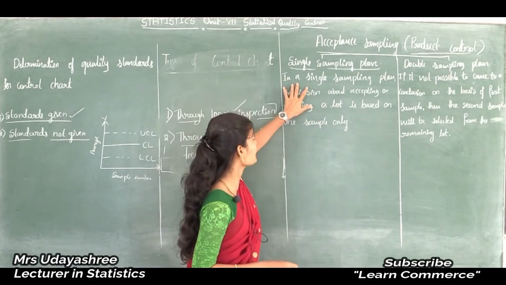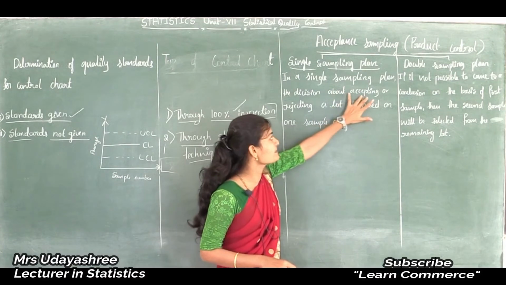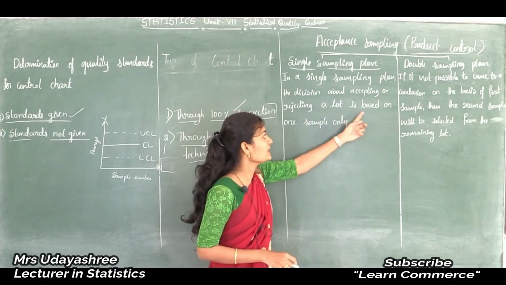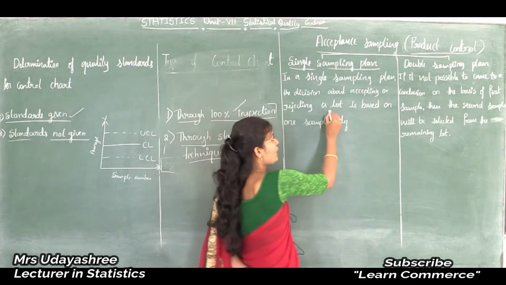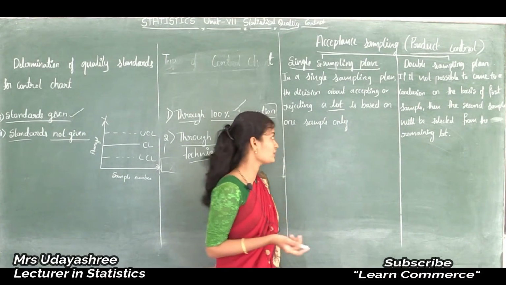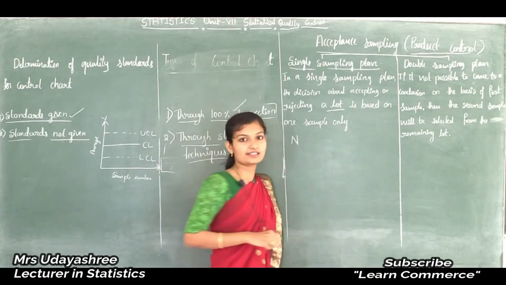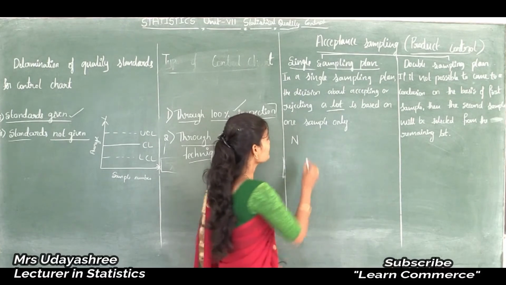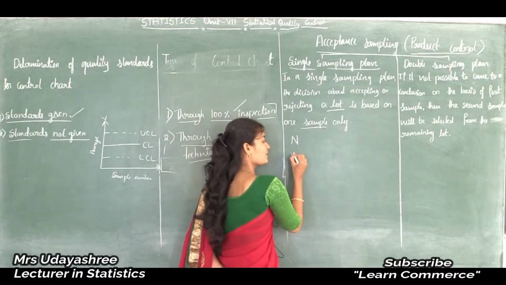In a single sampling plan, the decision about accepting or rejecting a lot is based on one sample only. Here lot means the items of the manufactured lot. Let N be the lot size. Sample size is denoted by small letter n.